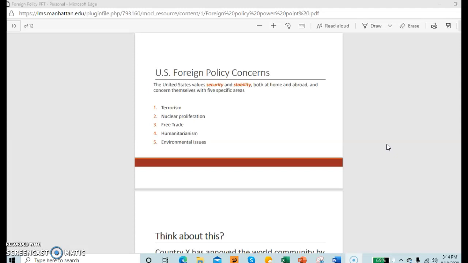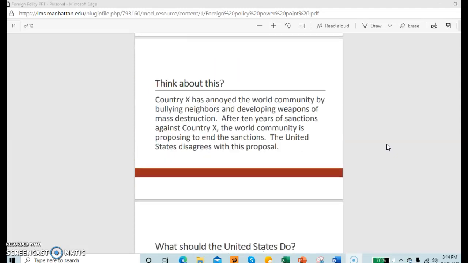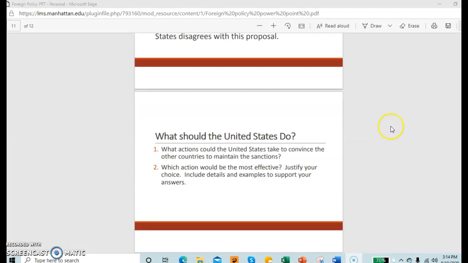When the Bosnian Muslims were being massacred by the Serbs in the former Yugoslavia, what is the role of the United States in alleviating that problem? In Rwanda, when the Tutsis were being massacred by the Hutus, what is the role of the United States within this broad framework? So think about those things.